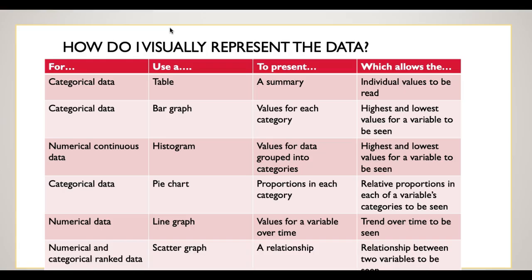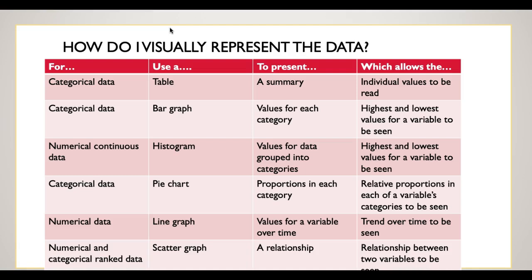So then the question becomes, when you determine if you've got categorical data or numerical data, and whether that numerical data is discrete or continuous, you can pick different methods of visually representing this data. So hopefully this chart will help you in picking out how you want to represent your data on your research project. And this is also covered in your textbook on page 185.